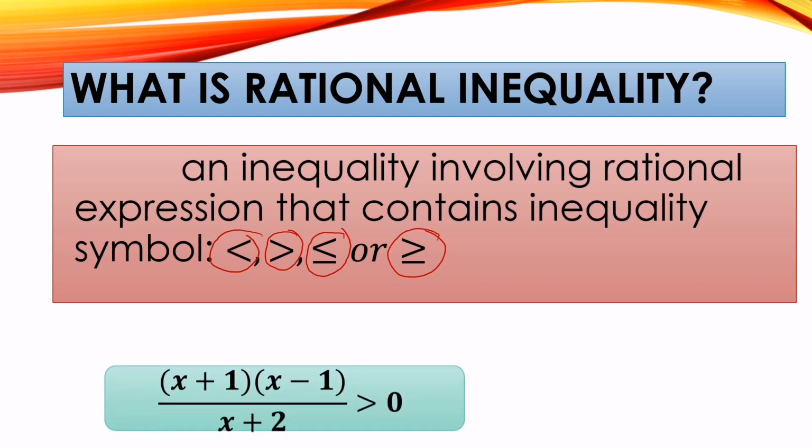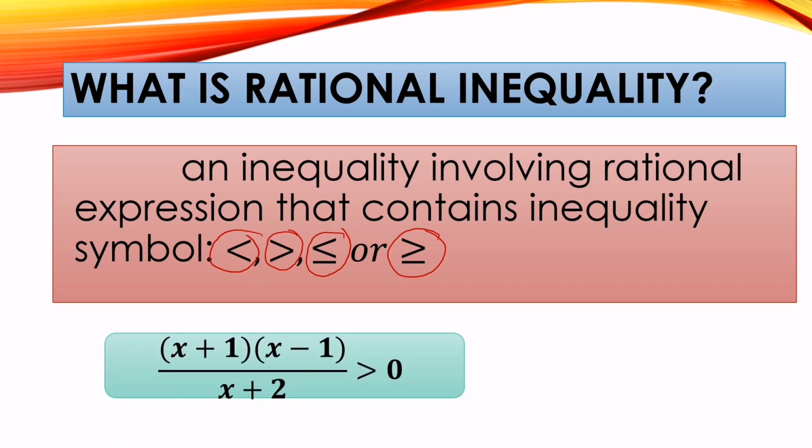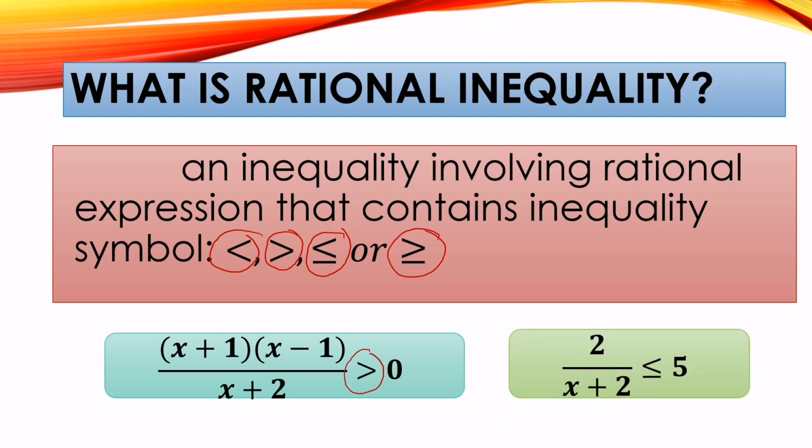For example, x plus 1 times x minus 1 all over x plus 2 is greater than 0, having a symbol of greater than. Another one is 2 over x plus 2 is less than or equal to 5. Again, it has a symbol of less than or equal to.